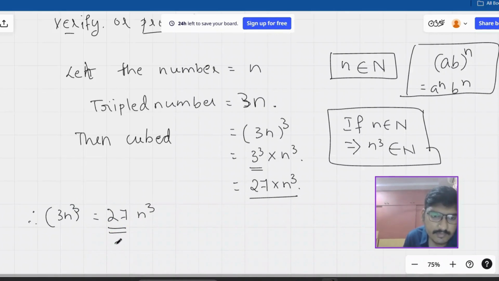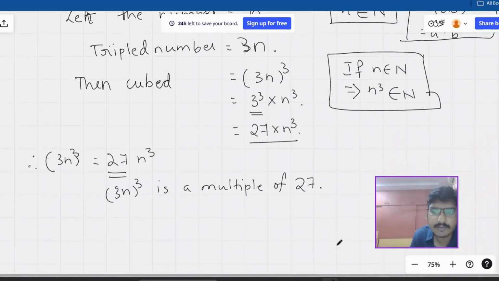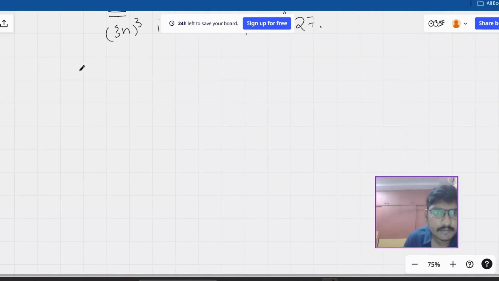That means 3n whole cube is a multiple of 27. It's the case, and number theory problems like this can be solved in this way. Let us take another example.